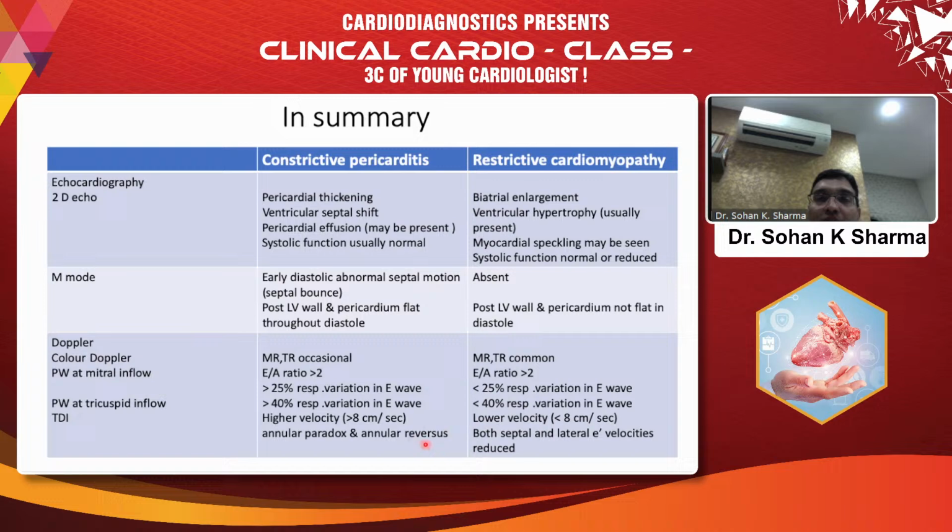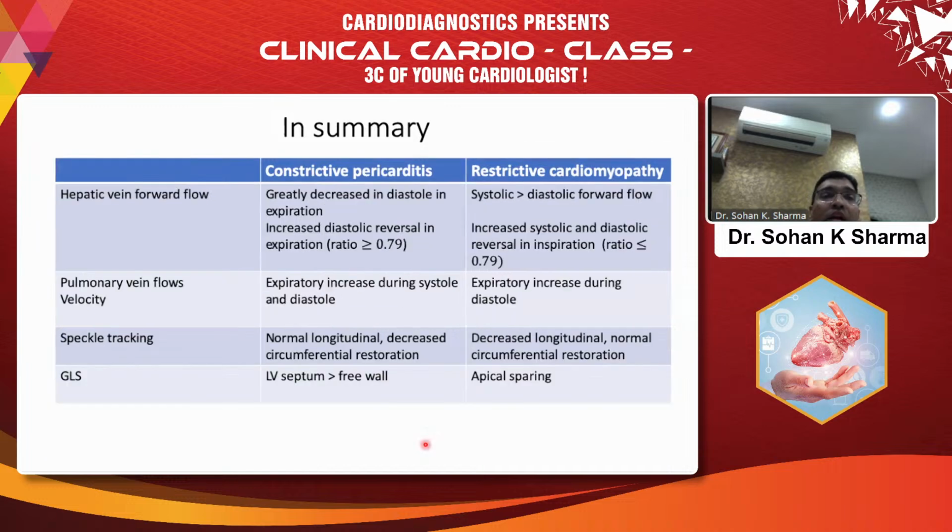Annulus paradoxus and reversus are seen in CCP. Both velocities are reduced, but lateral more than septal, in RCMP. Hepatic vein flow reversal is greatly increased in expiration in CCP, while systolic more than diastolic forward flow is seen in RCMP. Pulmonary vein flow shows inspiratory decrease during systole and diastole, while in RCMP there is inspiratory decrease during diastole.